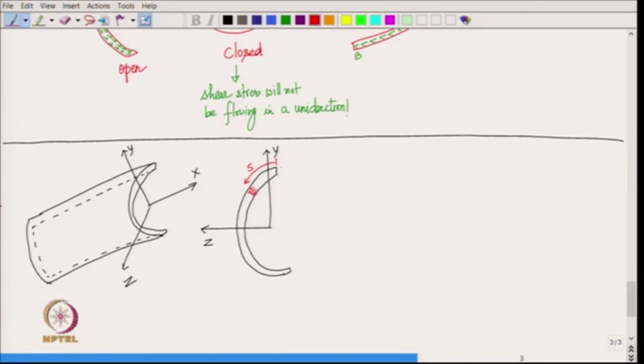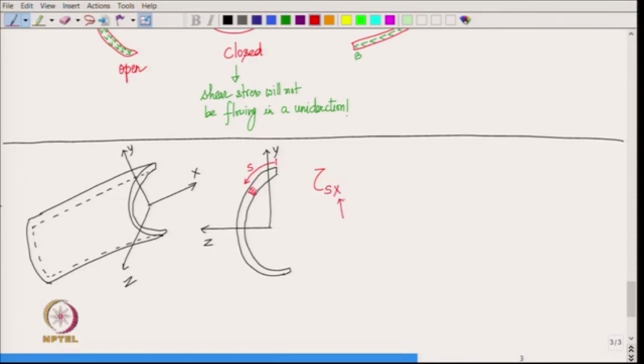So, now you see this is x plane, the cross section is x plane, and then the arc length S, the cross section is pointing in the direction tangent to the arc length, right. So, we can think of denoting tau, the shear stress, with tau S x, is not it.